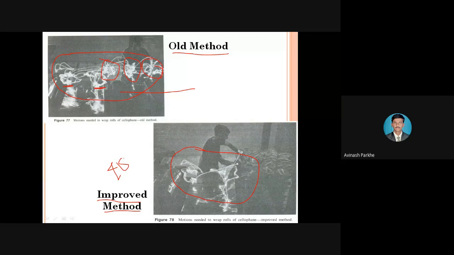Again, use the camera, and from that camera you will get the modified figure. If you compare figure number 1 and figure number 2, from that comparison you will get the information about how the method is improved from the old one.